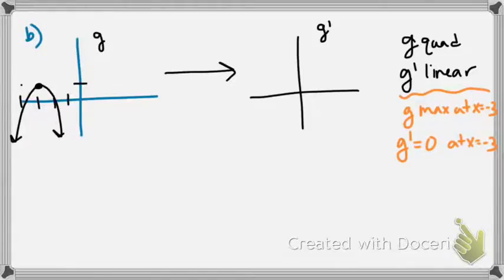Remember, where g has a max, its derivative is 0. So at negative 3 over here, 1, 2, 3, I'm going to hit 0. G prime starts out increasing, so the left side should be positive, and then the right side should be negative. That would be a good interpretation of what the derivative graph would look like.